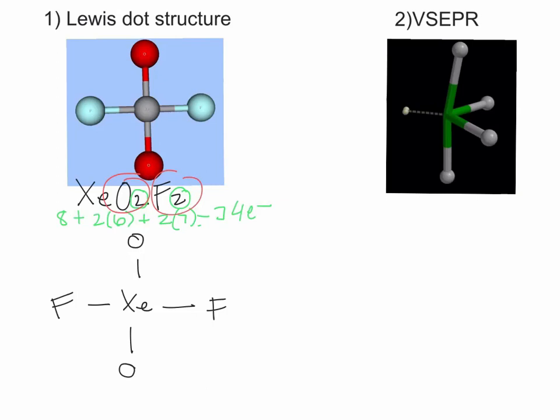That is 8, 10, 12, 14, 16, 18, 20, 22, 24, 26, 28, 30, 32, and we have 2 remaining electrons which will be given to xenon, and we call those a lone pair.